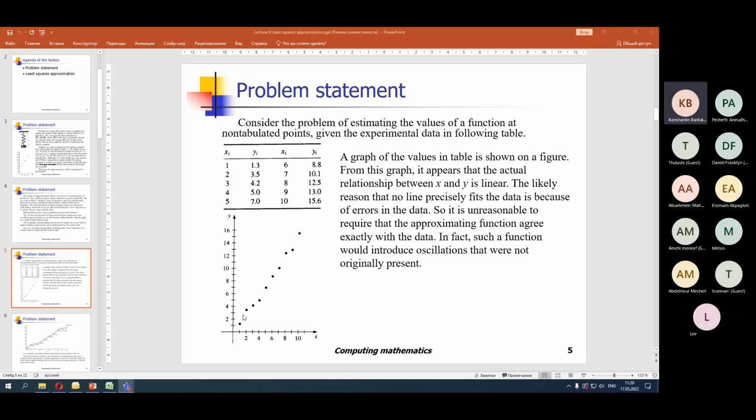Of course, these points do not correspond to x squared, x cubed, or sine, or logarithm. It's a linear function, but these points lie somewhere near this line. This point is below the line, this point is maybe a little bit higher than the line, and our goal is to find this line.